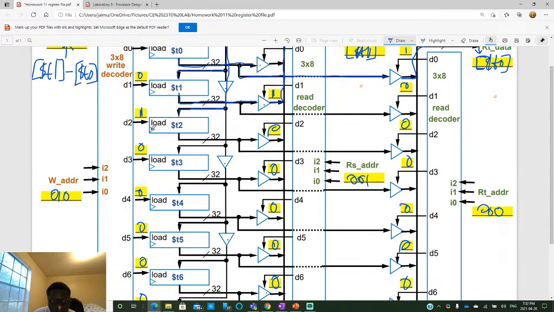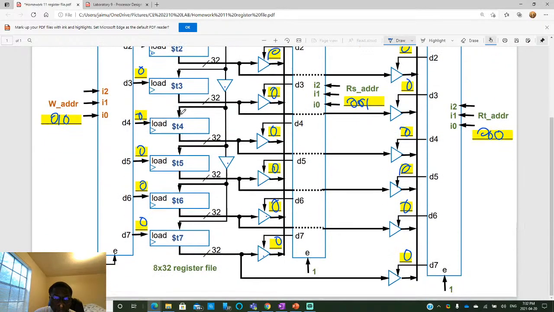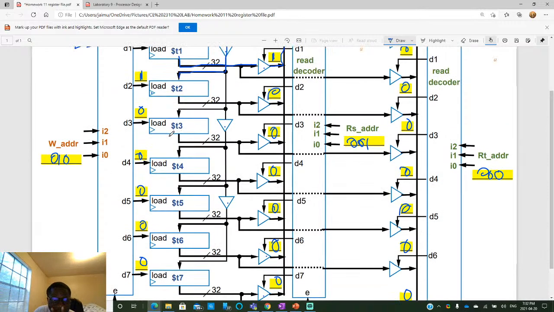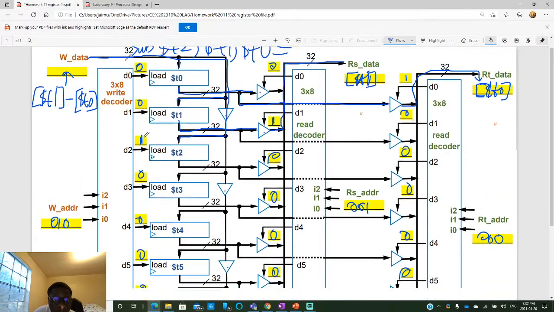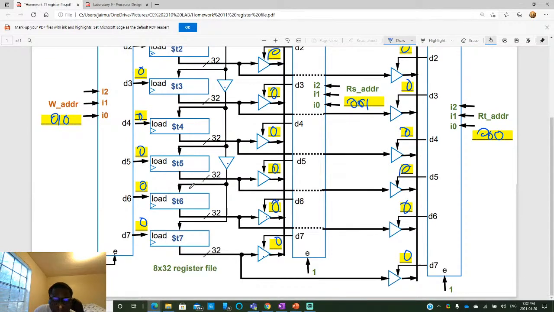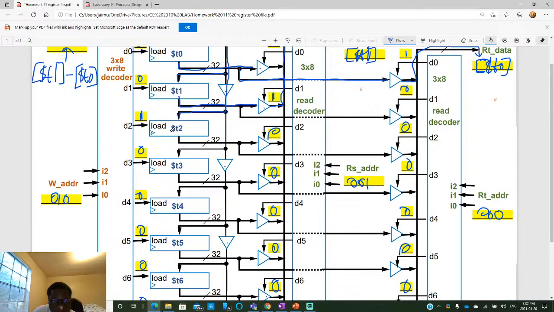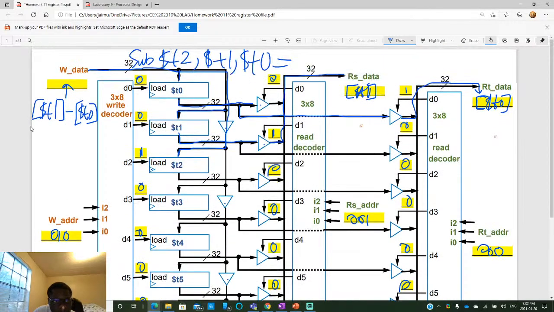This symbol here represents the clock. Only the register that has a load as 1 would receive or absorb the value. For other registers with 0, their contents don't change. So this register changes its contents to reflect this subtraction.